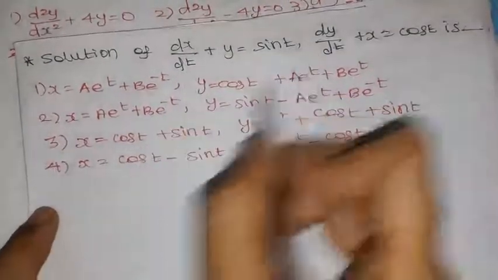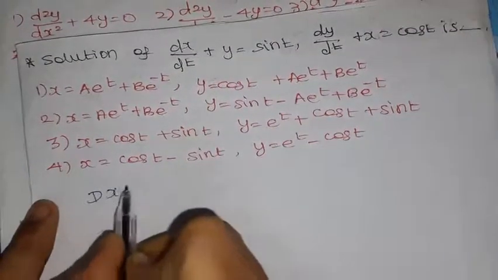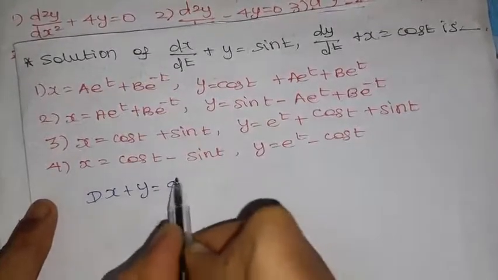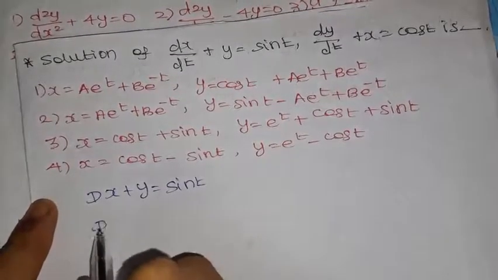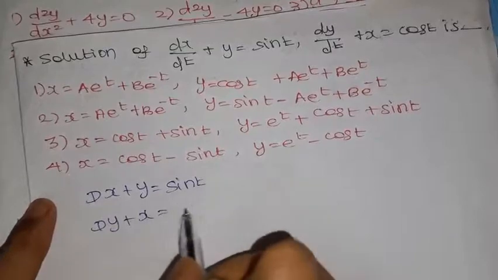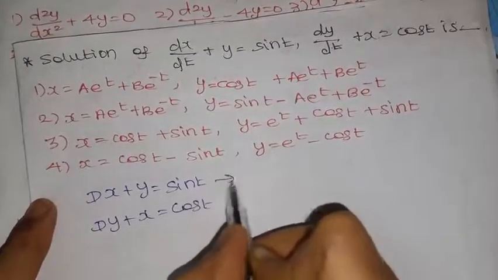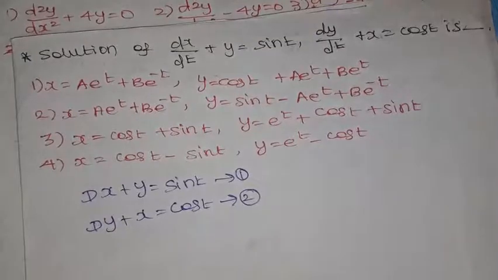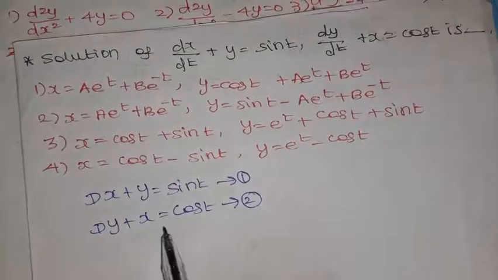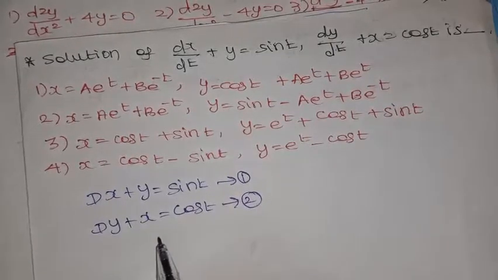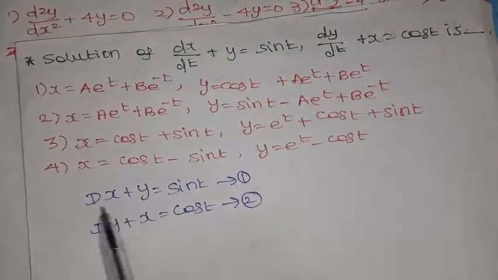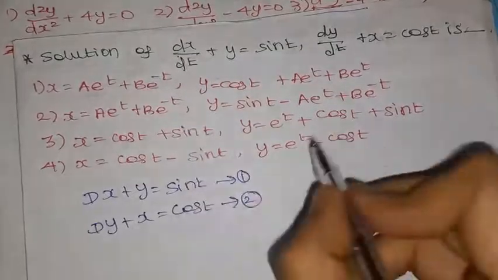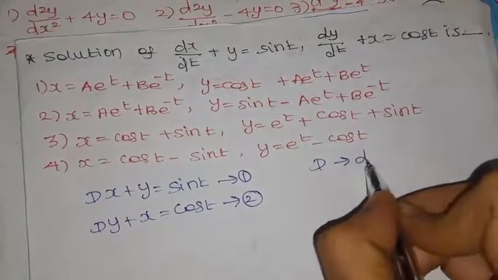So we can rearrange this: Dx plus y equal to sin t and Dy plus x equal to cos t. Say this is equation 1 and this is equation 2. So now we are going to solve this equation. D represents d by dt.